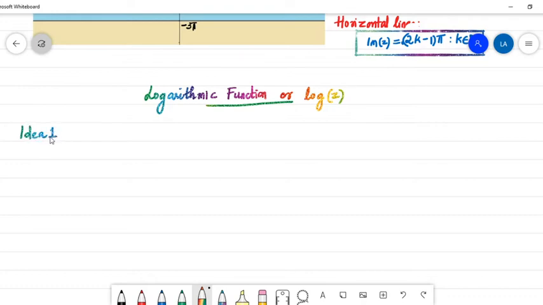The first idea is about the power series kind of idea.